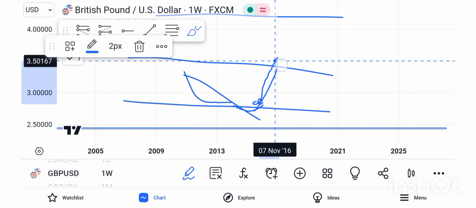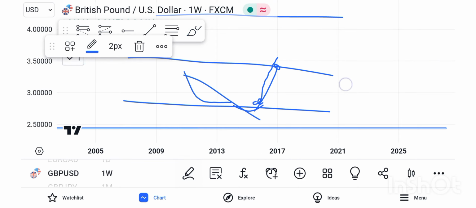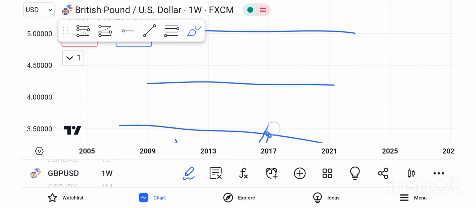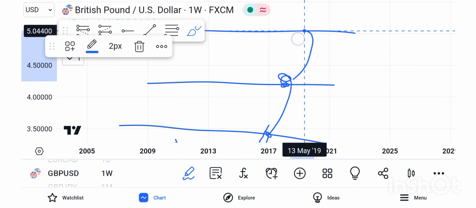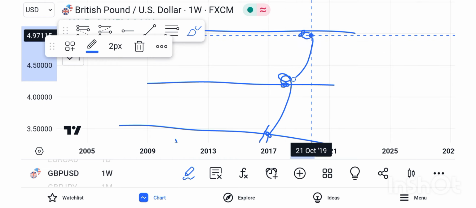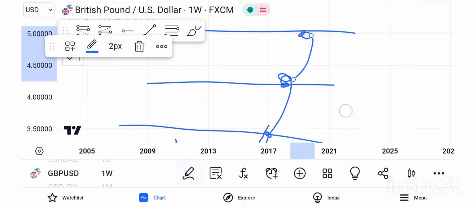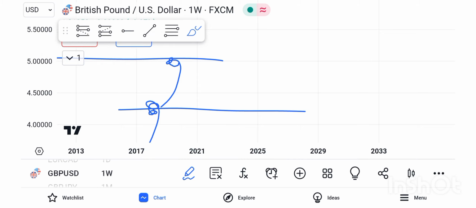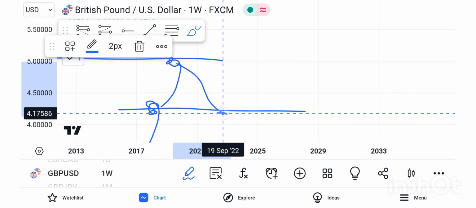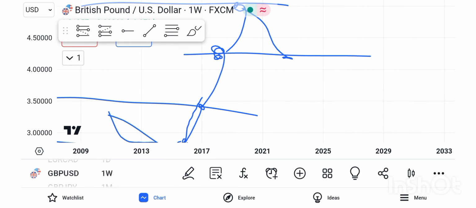It's going to the next zone. If it breaks this zone and the support holds, it's going to the next zone. If this resistance holds and the market begins to move, where is the price going to? It's going back to the next zone. The market always moves from zone to zone.